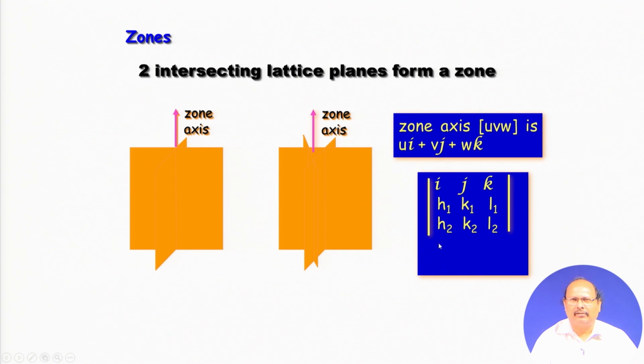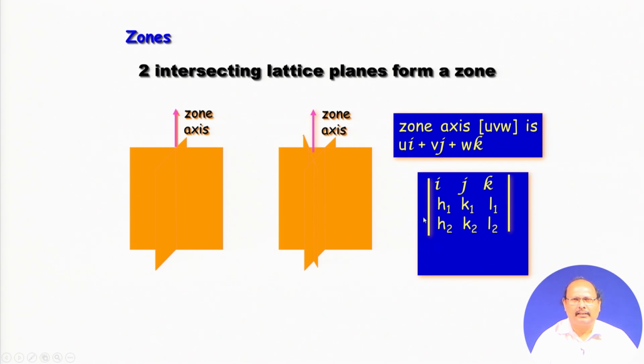And in this kind of determinant symbol, if there are two faces which intersect, one face is h 1, k 1 and L 1, and the other face is h 2, k 2 and L 2.